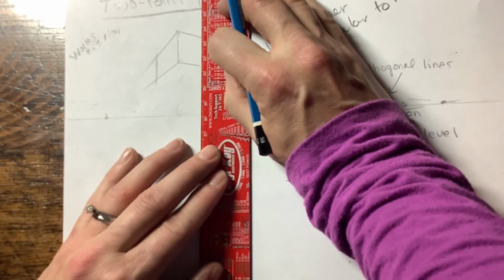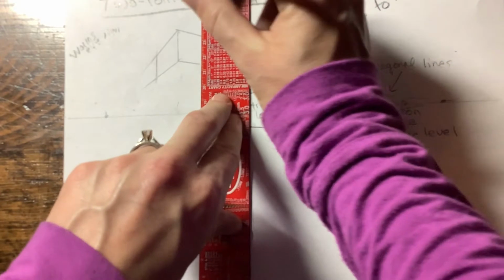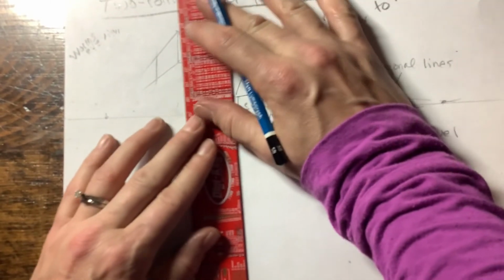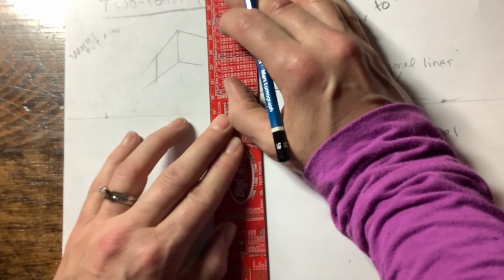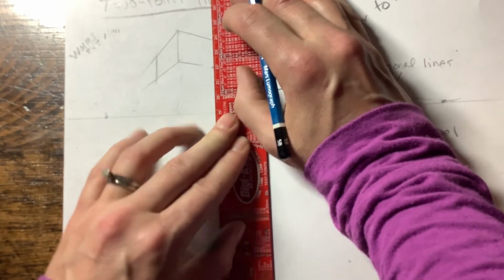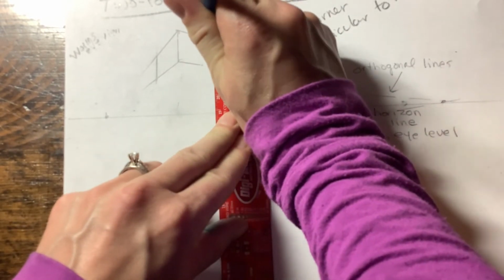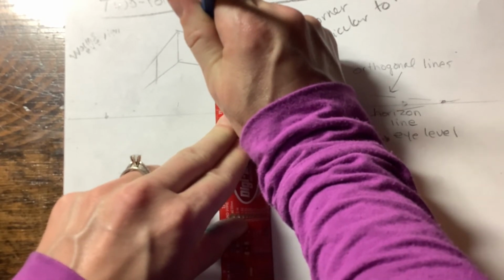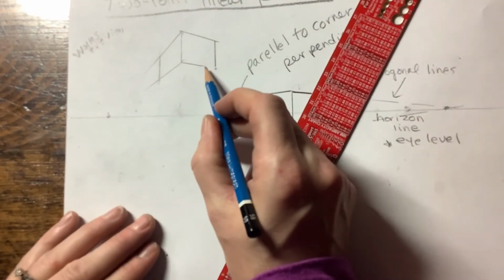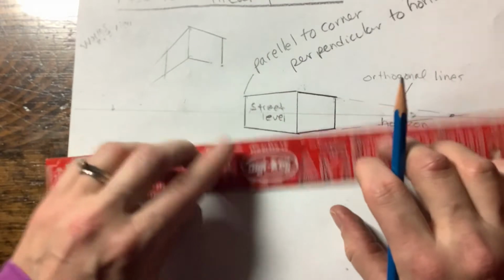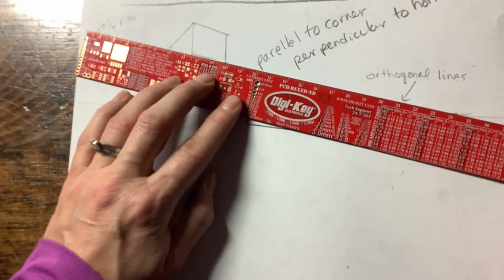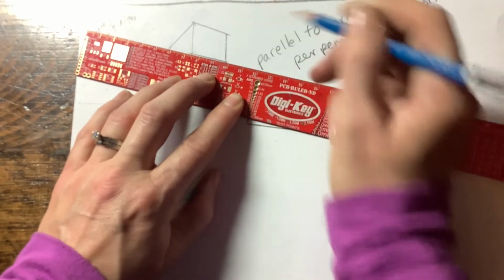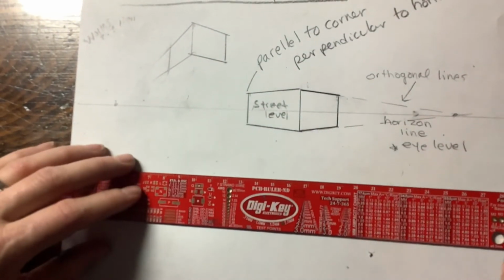And I'm going to draw my edge to be perpendicular to the horizon or parallel to the corner. Whatever makes you do it properly, however you want to think about it. So you can see I had to make this just a little longer. So I'll just line up my ruler again. Trying to do this without a ruler or a straight edge can be a challenge.